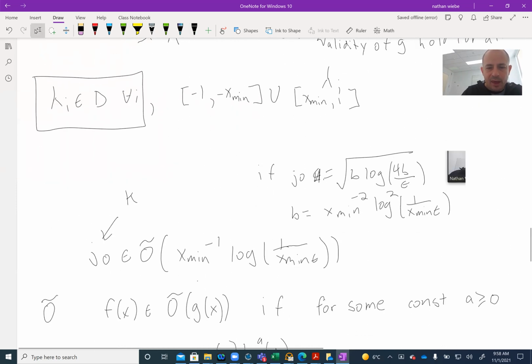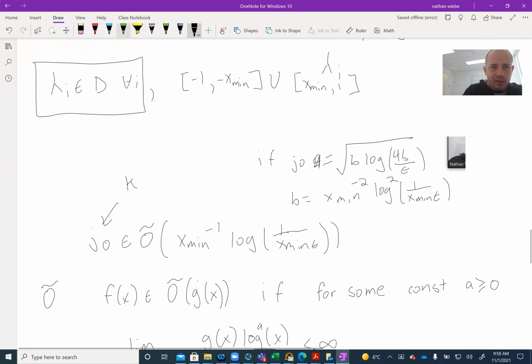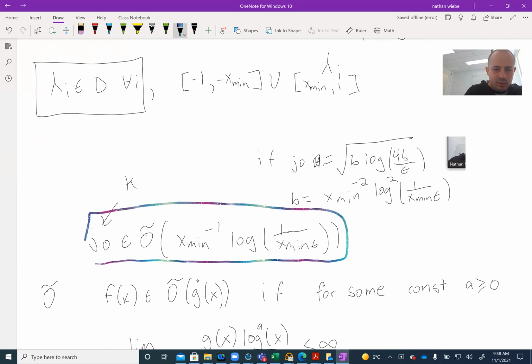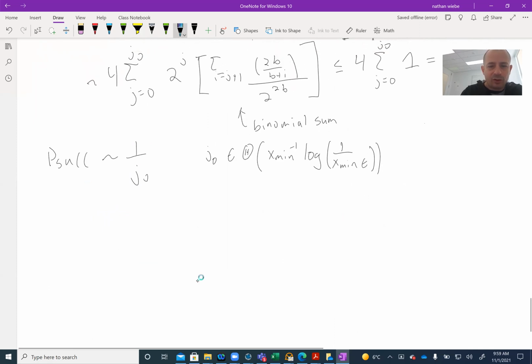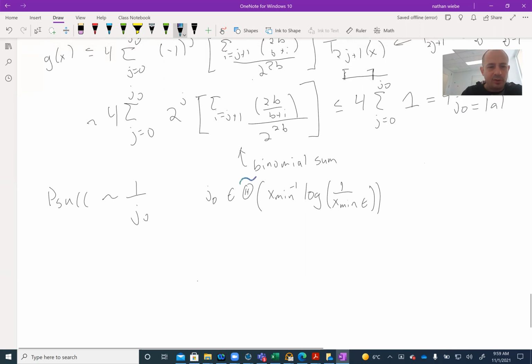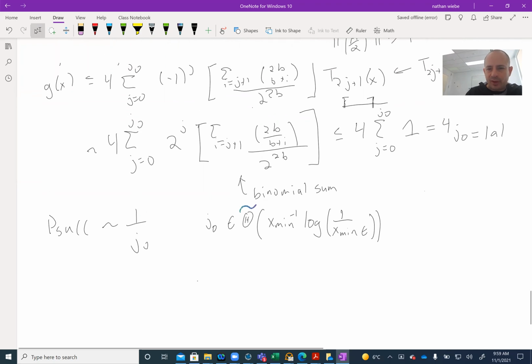And again, this is just using this guy here. Technically I mean tildes, because there are possible logarithmic factors that we've dropped. Okay, so given that, the probability of success here is 1 over j naught squared.